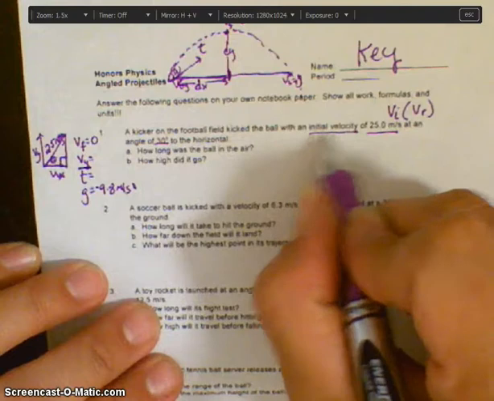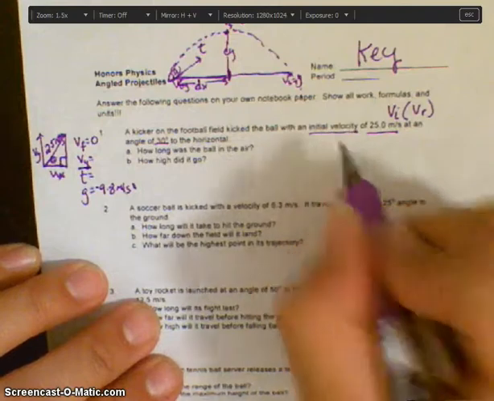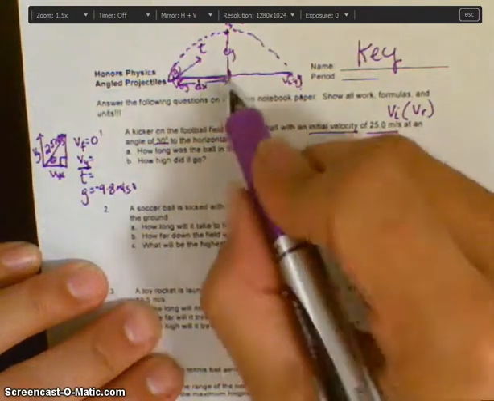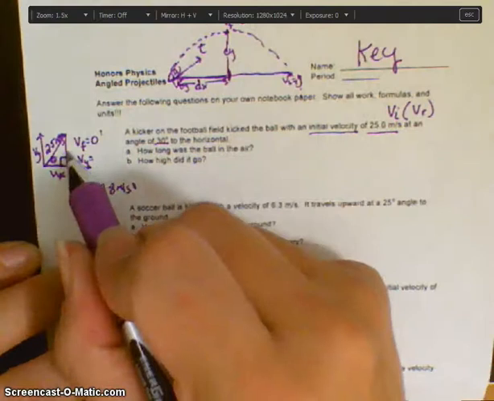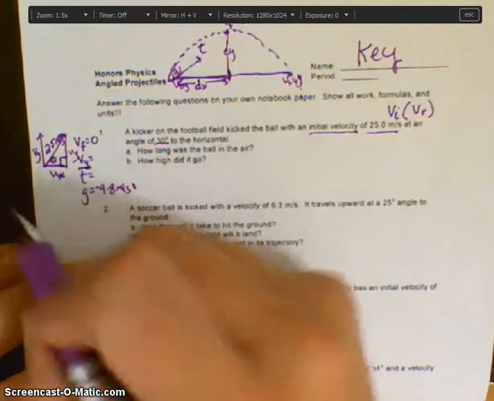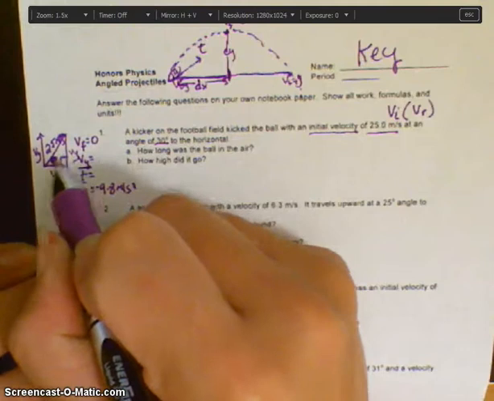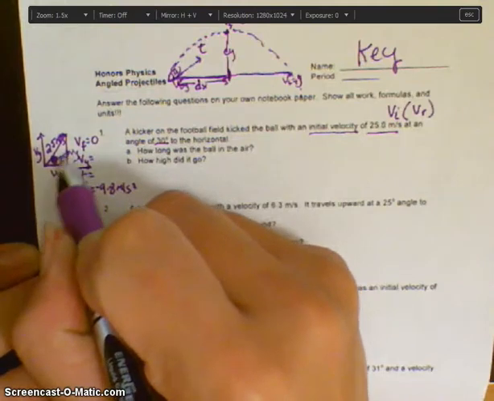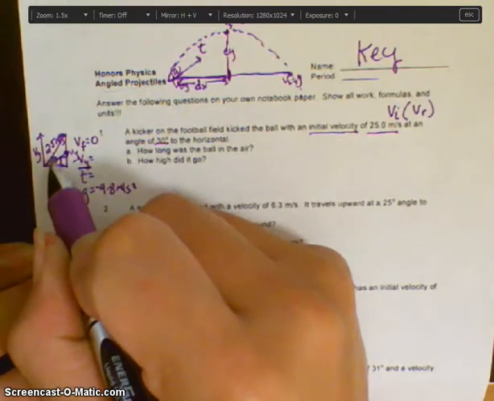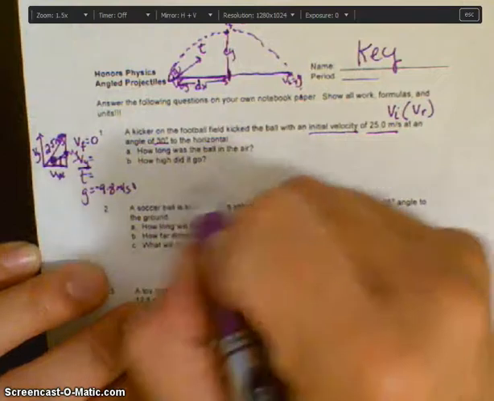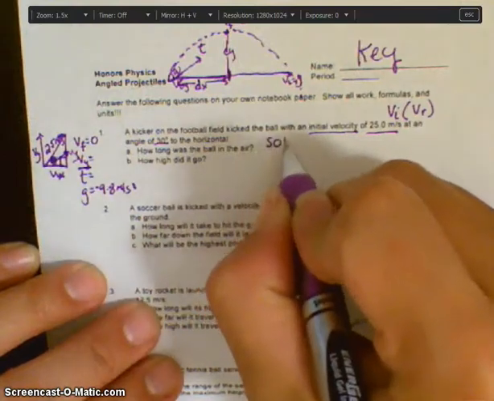This is a resultant velocity. So the first thing I'm going to do is try to figure out what my Vy is, and I can do that with some trigonometry. I'm searching for the side opposite of the angle, and I have my hypotenuse.